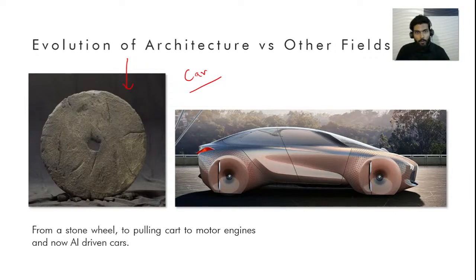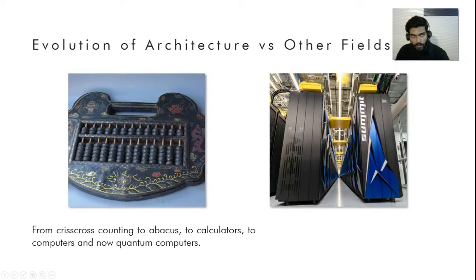Let's talk about computers, how computers have evolved. Most of you must have read about the abacus, which was invented by Charles Babbage. Back then they moved these beads up and down to perform basic mathematical calculations like addition and subtraction, and it was a lot of physical work and it was very, very slow.